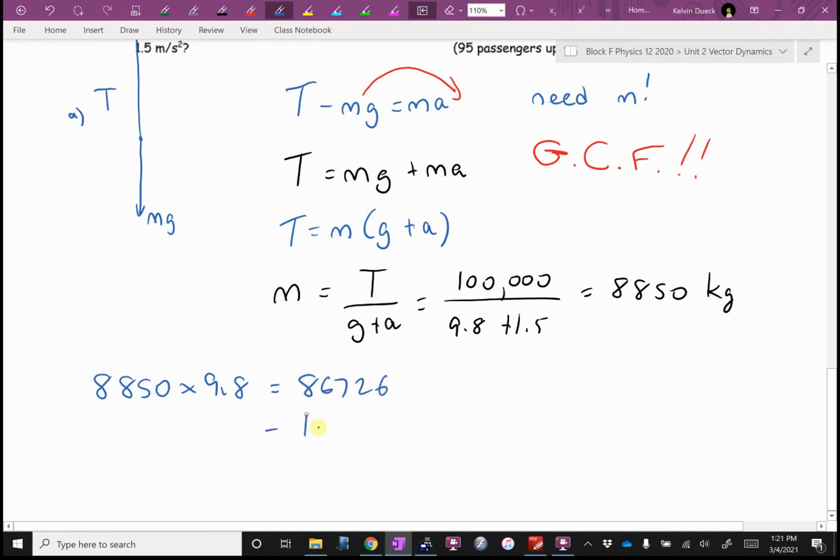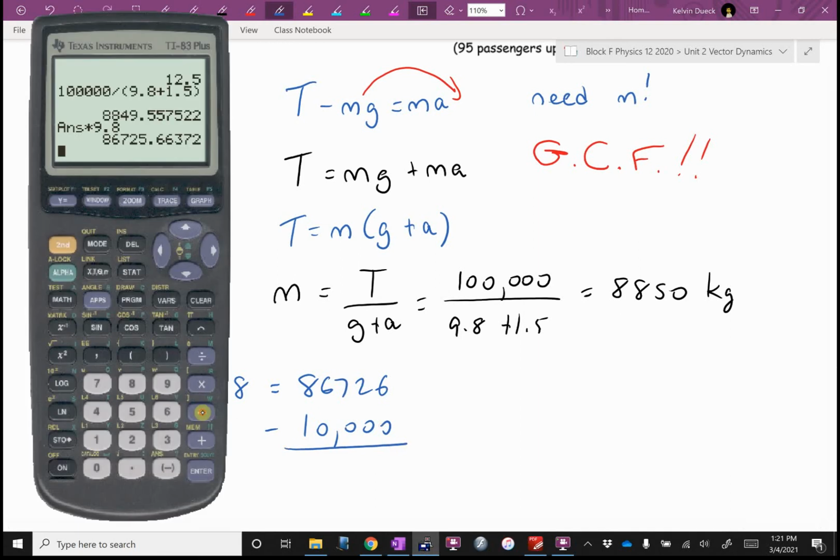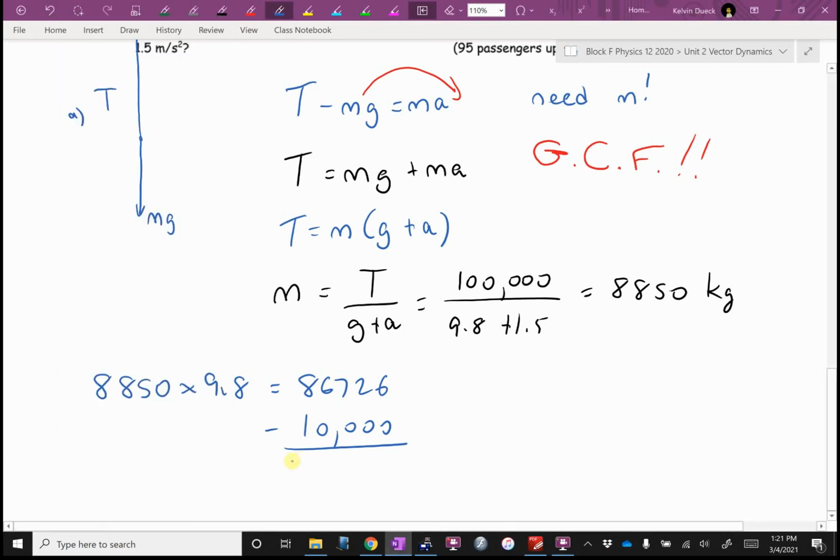Now, if I minus the elevator itself, that leaves me with 76,726 newtons for passengers. 76,726 newtons, that's the passengers.